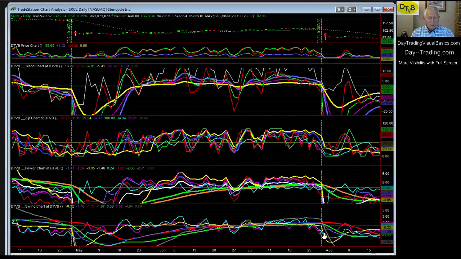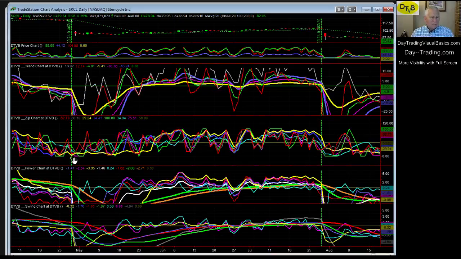The three fast ones that you've got are pink, cyan, and yellow, and they're underneath your red and green lines. Over on the other side, same thing. Pink, yellow, and cyan are under your red and green lines. On the power chart, all your lines are under your green and orange lines, and in the zip chart, all of your lines are under zero.